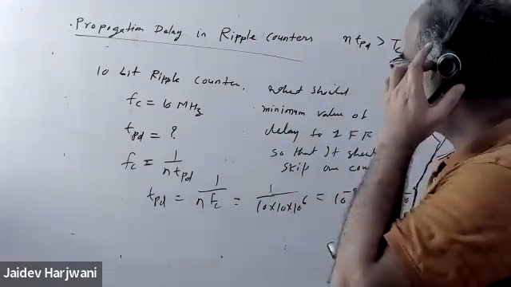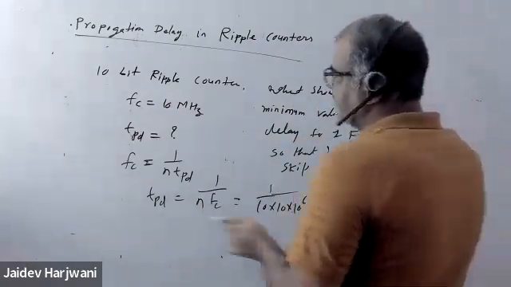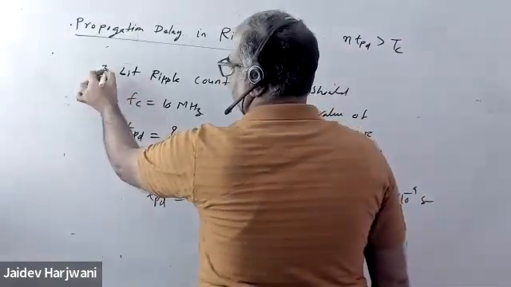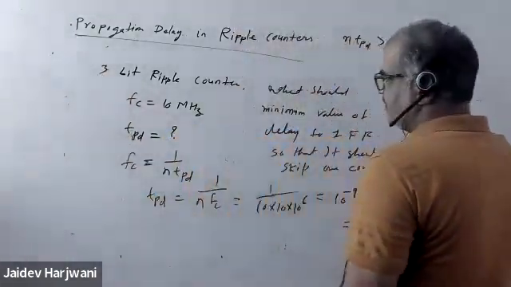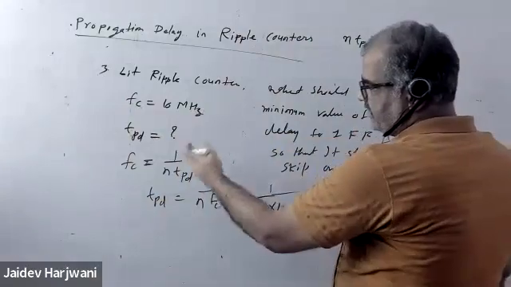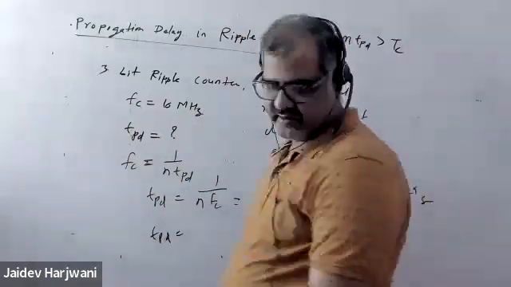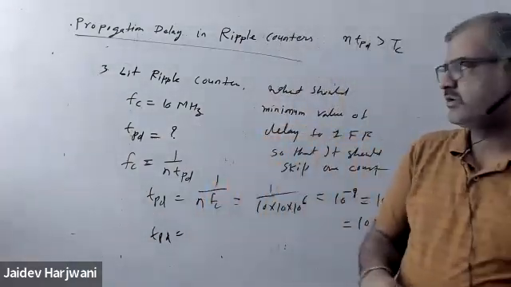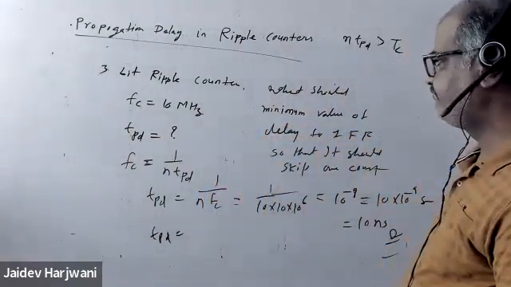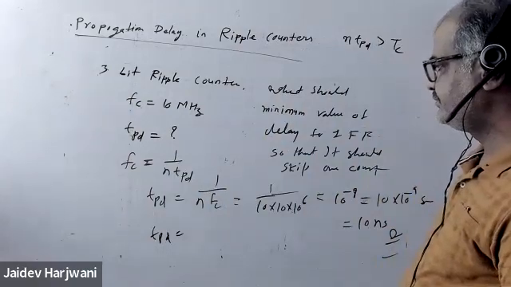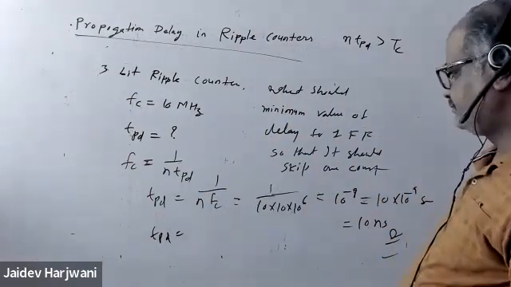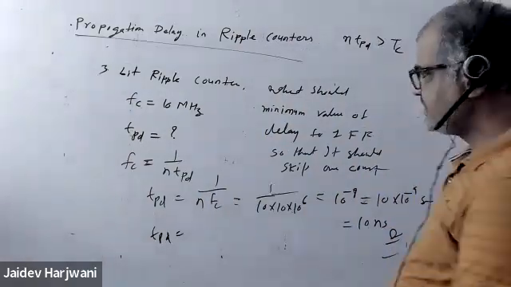For example, the same question: if I say a 3-bit ripple counter, and the frequency is this one, then how much TPD should be there? Or I'm changing this question.